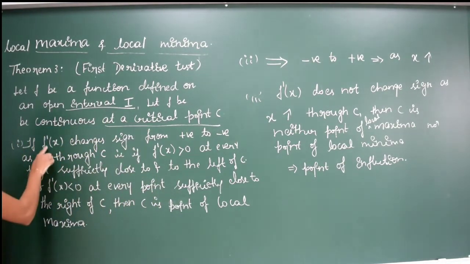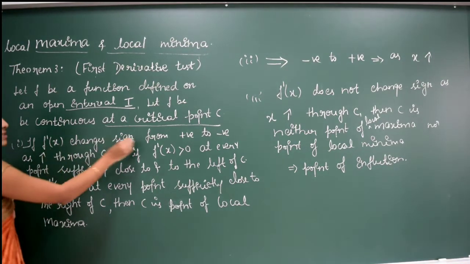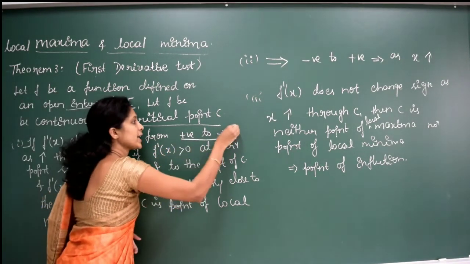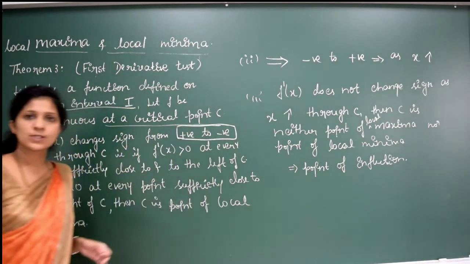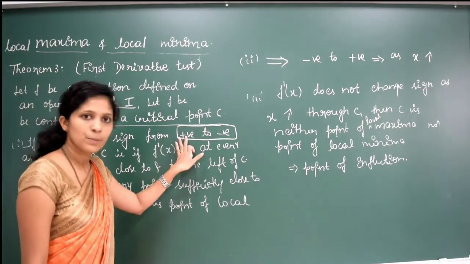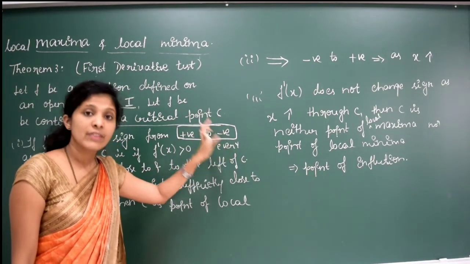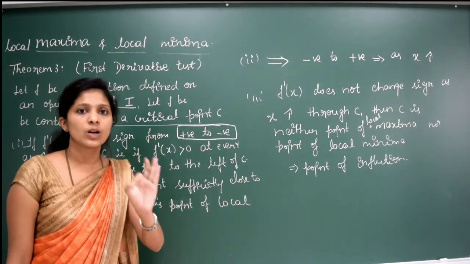Then if f dash of x changes sign from positive to negative, this is important, suppose the function changes the sign from positive to negative, then it attains a local maximum.